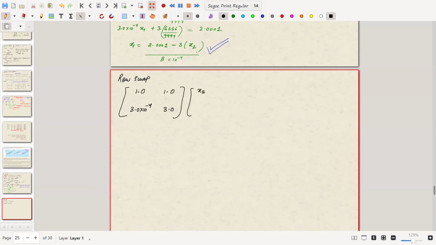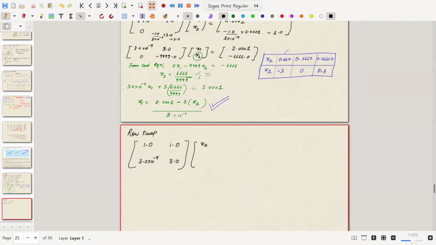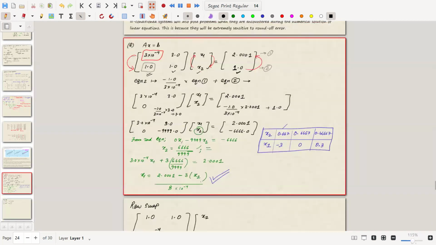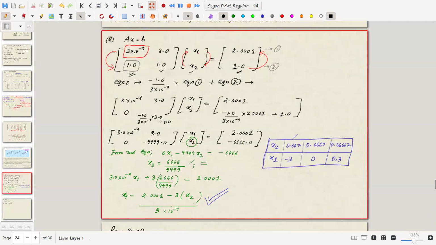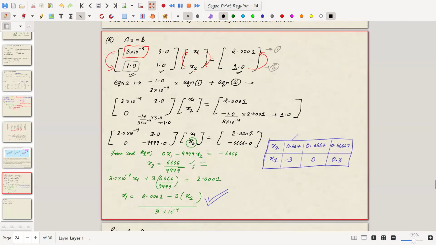I think I told you a mistake and you also agreed to it. That is why you should ask the question, you should stop me. Your brain should exercise. I told you that I will also swap this, and you felt that yes, it is okay. But if I swap this, everything changes. The whole equation changes, isn't it? Why?